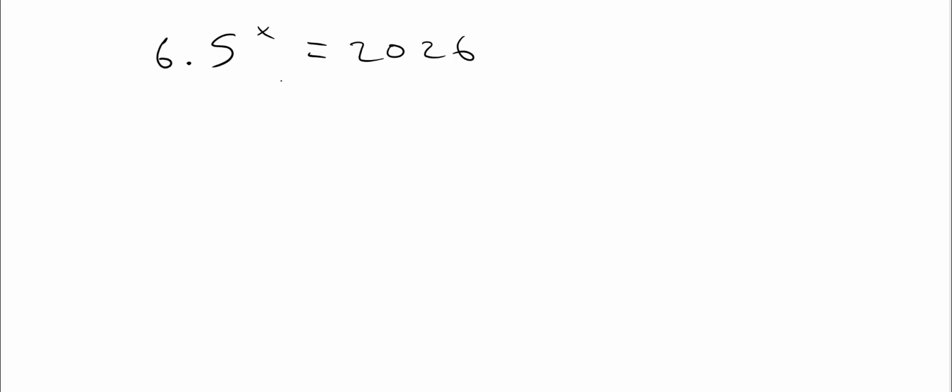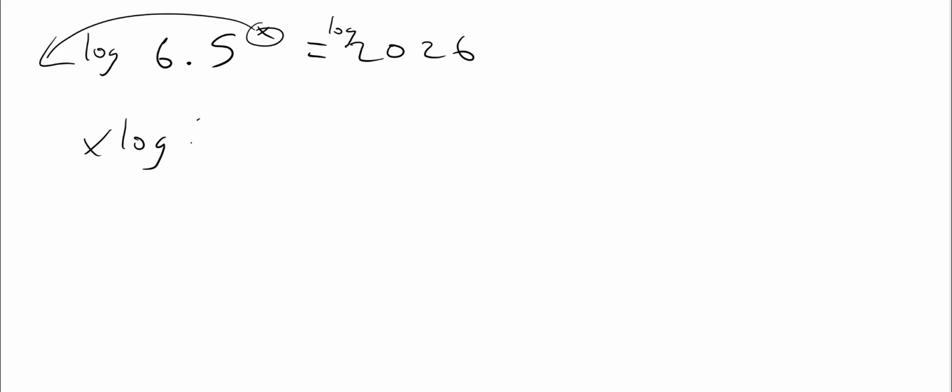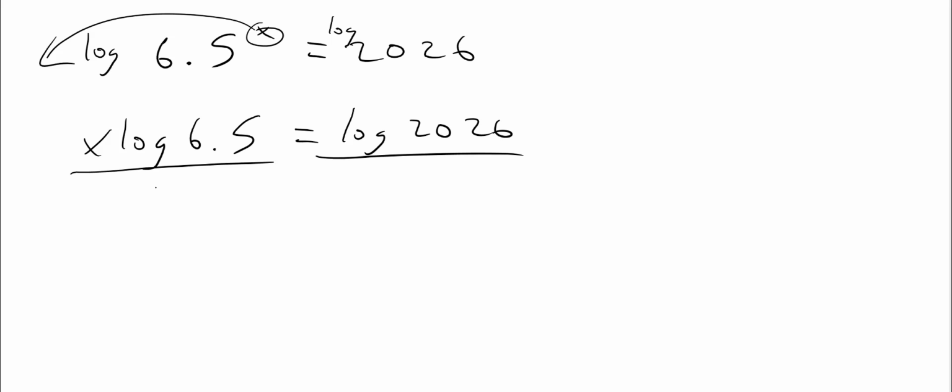All right, let's take a log of both sides. So that comes in front, and so I get x times log of 6.5 equals log of 2026. These are easy once you get used to them, they're super easy. And then we're dividing by log of 6.5. So again here, I'm doing my calculator.